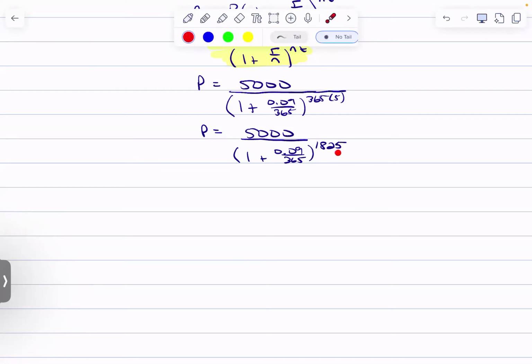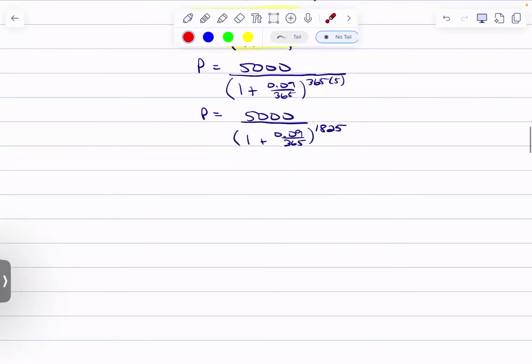So I like to do this simplification first, because what you'll see is now I can just keep all my numbers on the screen. Because what do I need to do next? I need to do 0.09 divided by 365. 0.09 divided by 365 is very small. So I'm going to keep it as is.